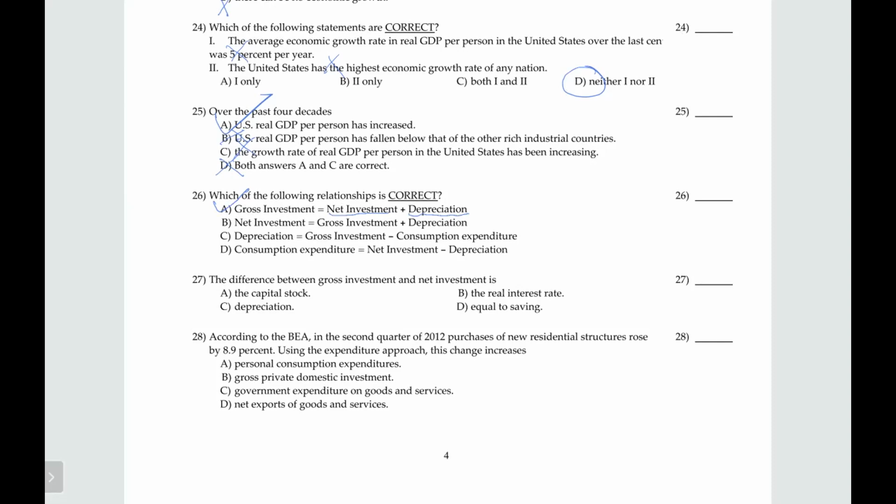All right, so now I go to 27. The difference between gross investment and net investment is, so 27 corresponds to 26, depreciation. So depreciation is a positive number. Right? So again, what is depreciation? You own a house, and over time, your house is going to wear down, right?